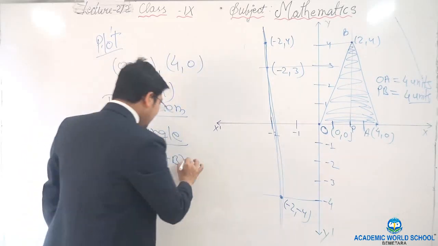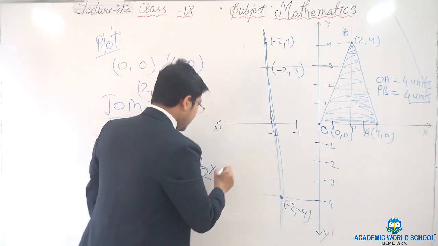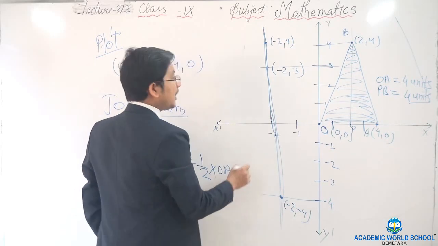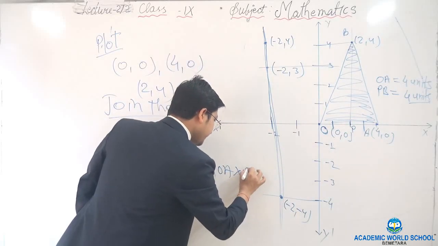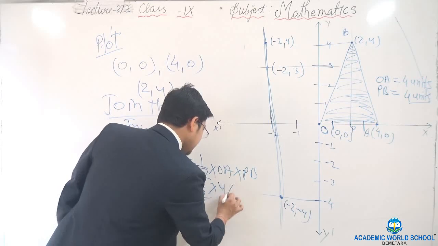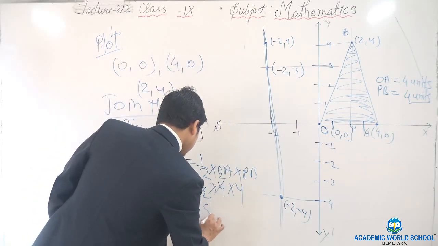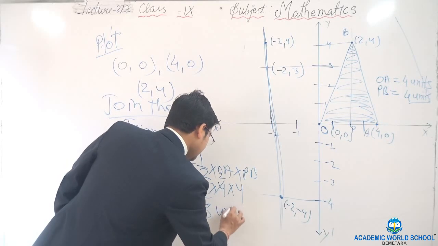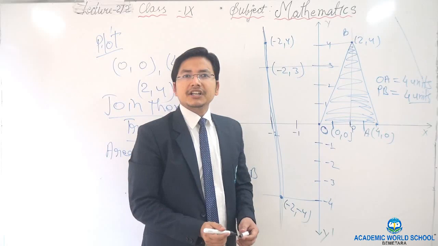Now area of triangle is equal to half into base, that is OA, into height, and the height is PB. So half into base into height, therefore area of this triangle is 8 unit square.